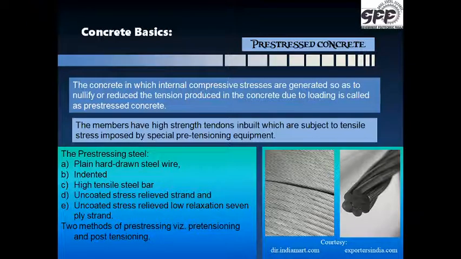Now any of these can be used in order to have pre-stressed concrete.